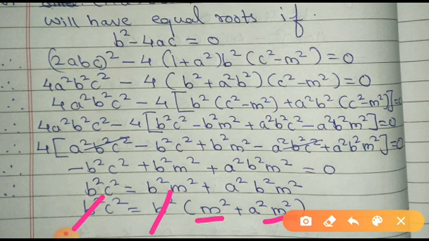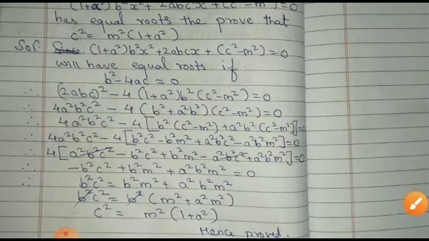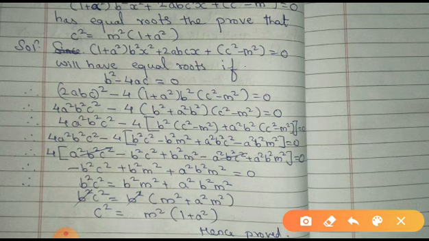Next step, I take m² outside, so I get c² = m²(1 + a²), and that is what we needed to prove. Clear? Was it very easy? Yes, because we just applied the formula, substituted and simplified. Nothing else to do. Simplification should be correct. Hope this video is understood to you. Okay, thank you.